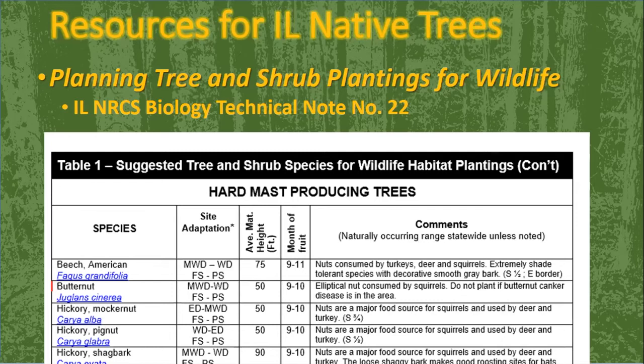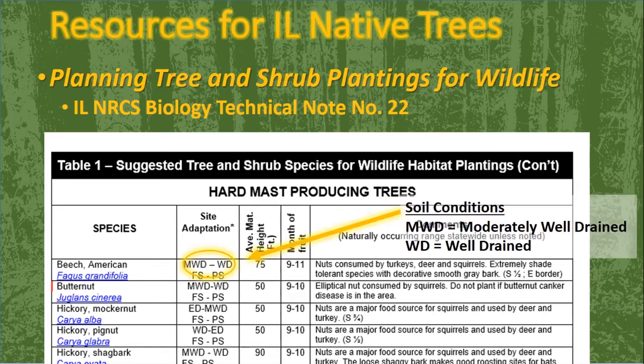So site adaptation in this column tells us a lot of information in this document. That first abbreviation relates to soil conditions. In this case, American beech is going to need to be on a moderately well-drained soil or a well-drained soil.